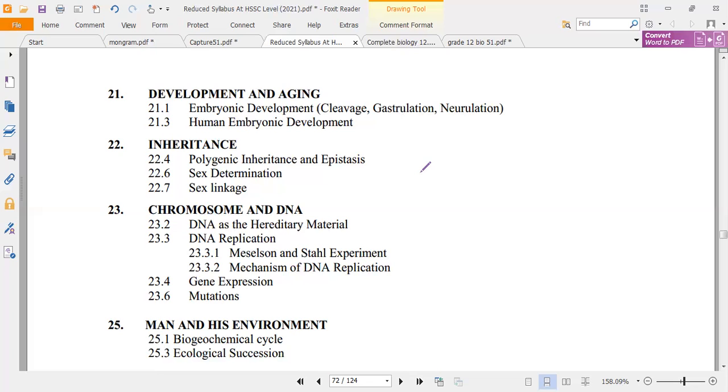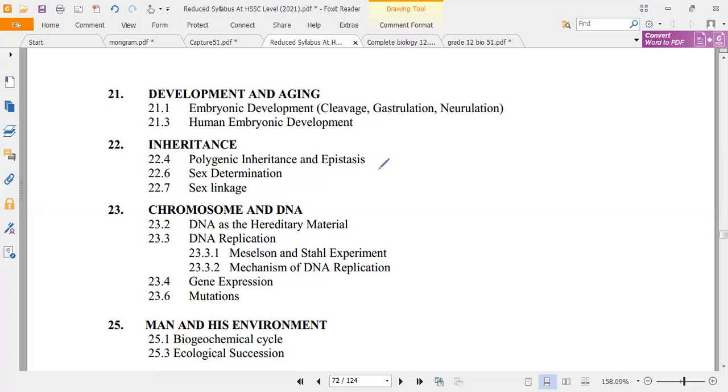So just two topics are included: polygenic inheritance and epistasis. Under these, there are several subtopics, that is inheritance of human skin color, that is included, as well as their examples. Next, there is the topic of sex determination, and before that, there is gene linkage and crossing over, that is excluded.